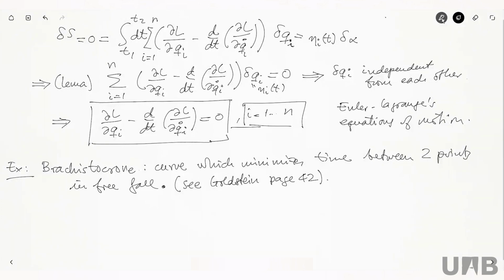But I mean, what you have instead of delta qi, you would have only eta i, I think. Okay, I will think more about it. No, but the only thing is that here I was computing the derivative, right?